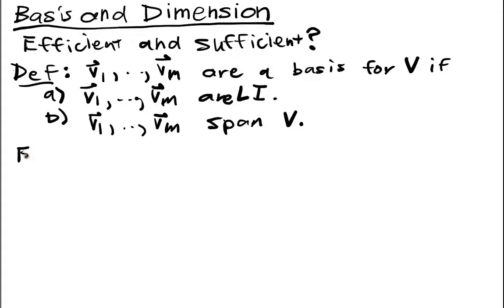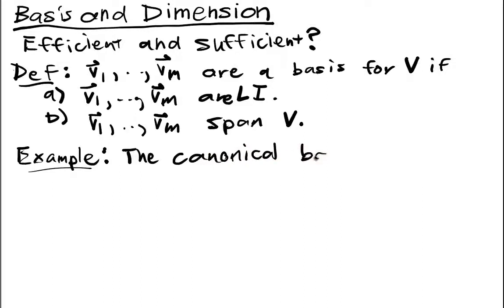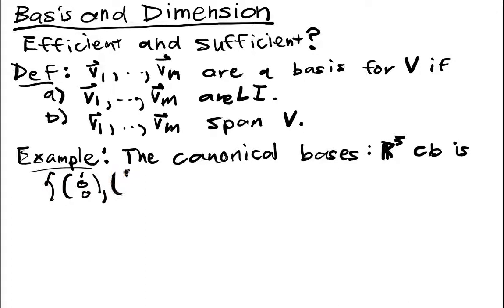So example, the canonical bases. For R3, say, the canonical basis is just the collection 1, 0, 0; 0, 1, 0; 0, 0, 1.